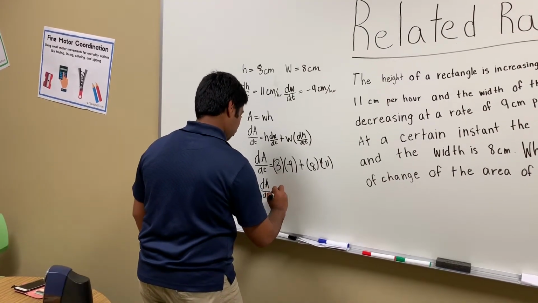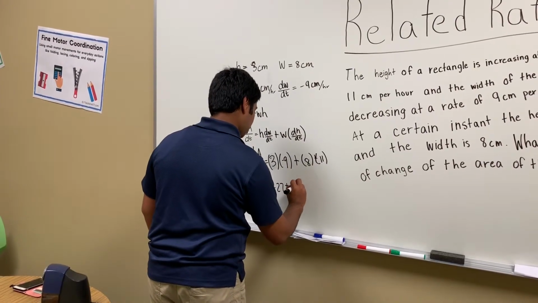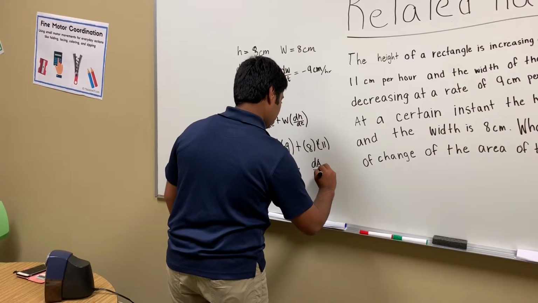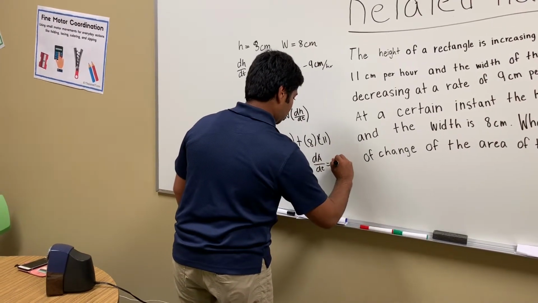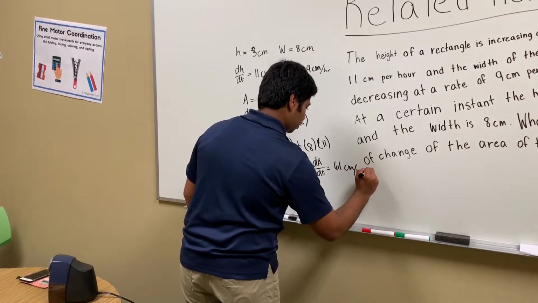After multiplying, we get negative 27 plus 88, and so the derivative of the area of the rectangle with respect to time equals 61 centimeters per hour.